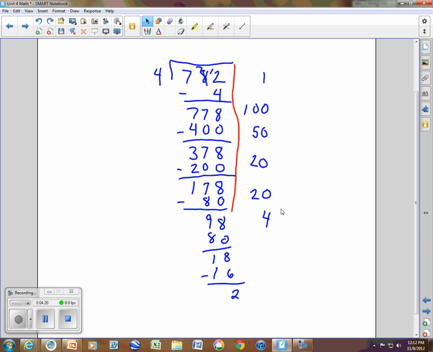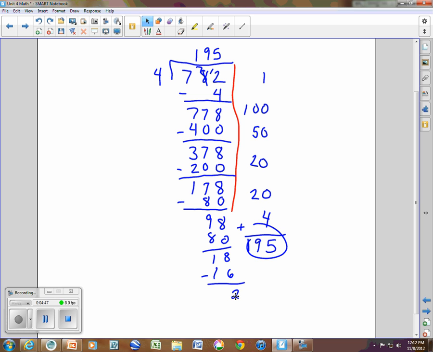So I need to keep track of these numbers, so I add them up. That's why I had moved that 1 over so that it's in the hundreds column. So 1 and 4 is 5. I'm adding this, by the way. 5 and 2 is 7, 8, 9, and 1. So my answer is this number, 195.